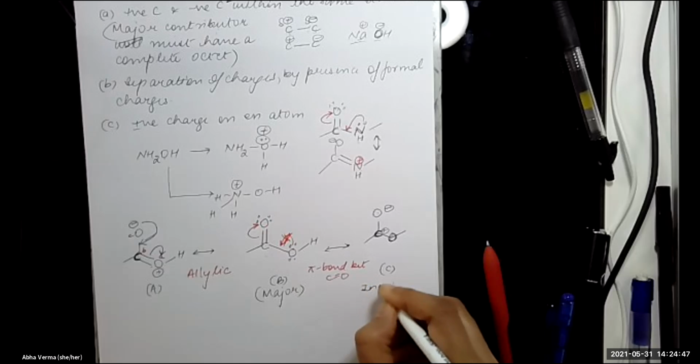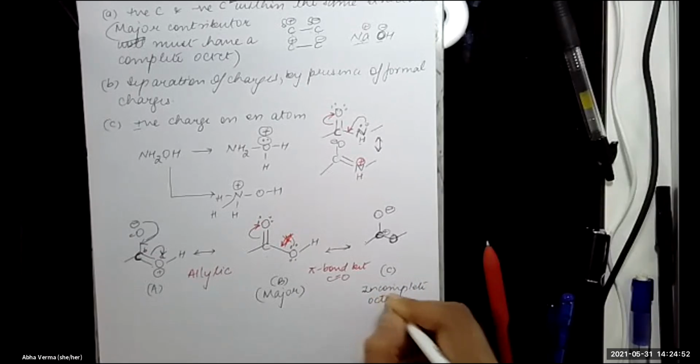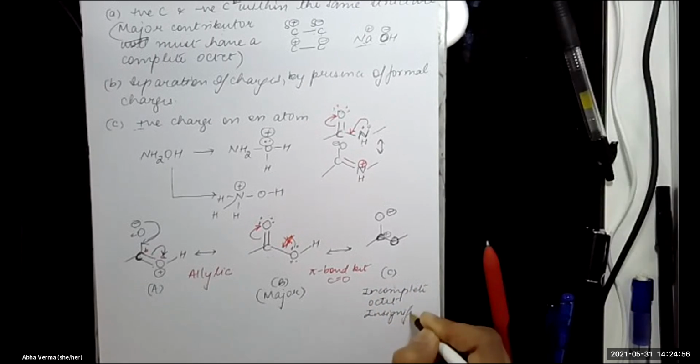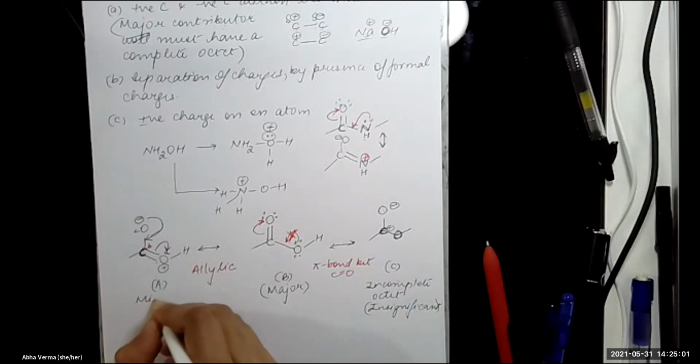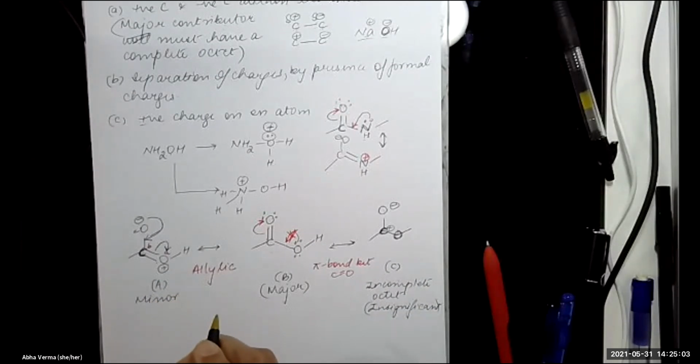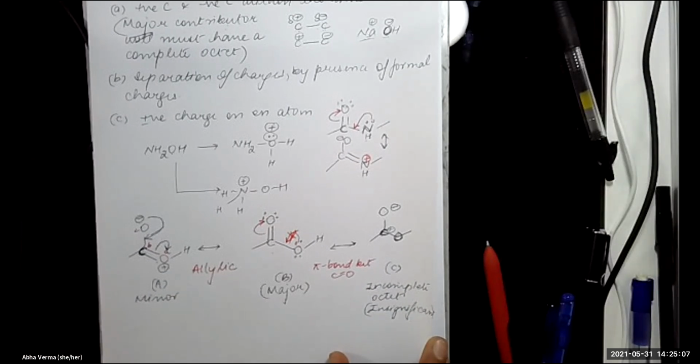So the incomplete octet makes this the insignificant contributor. And this is your minor product. Okay.